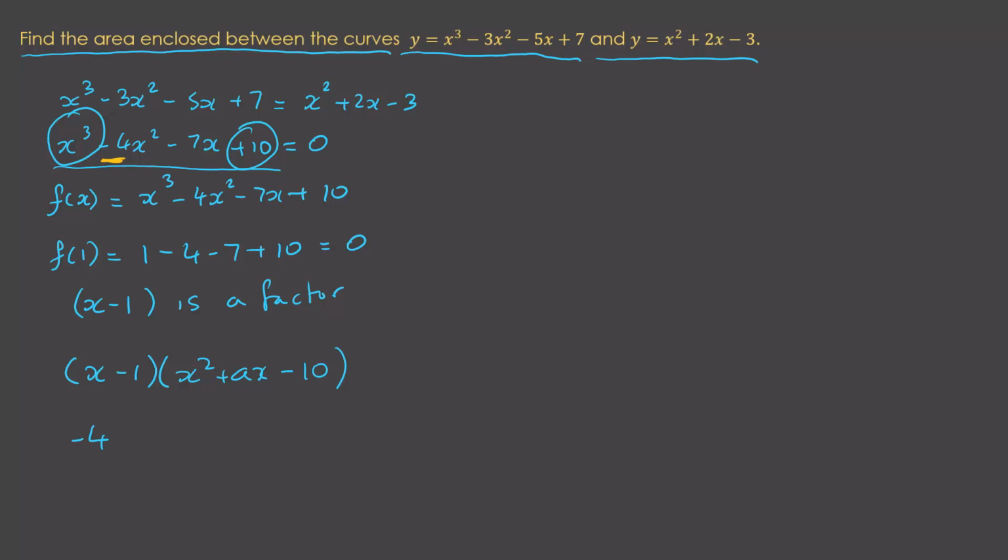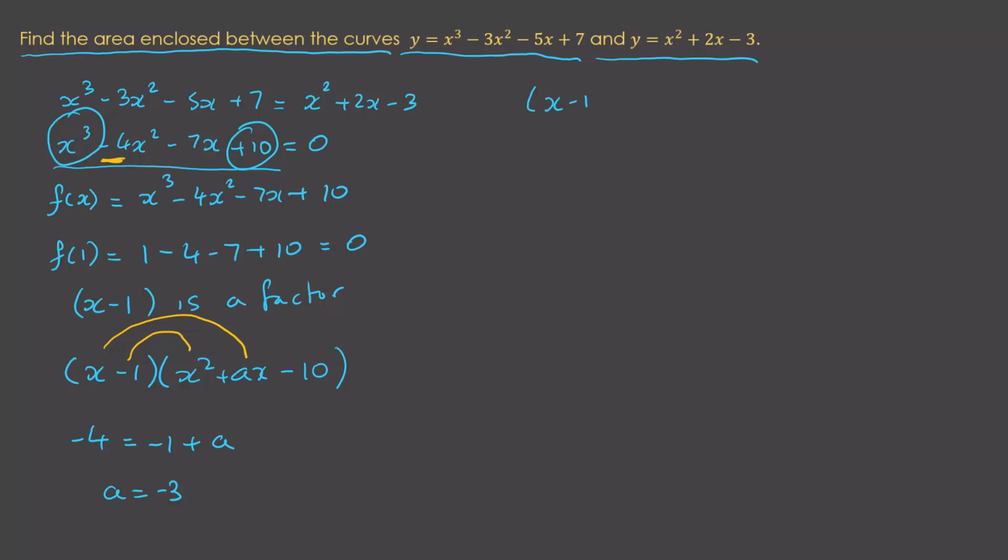So negative 4 is the coefficient there. In this one, I would get a minus x squared from here and an ax squared from here. So that would be negative 1 plus a. That gives me that a is negative 3.